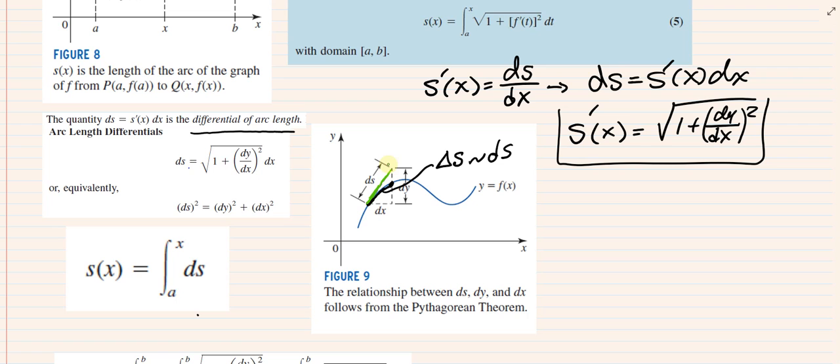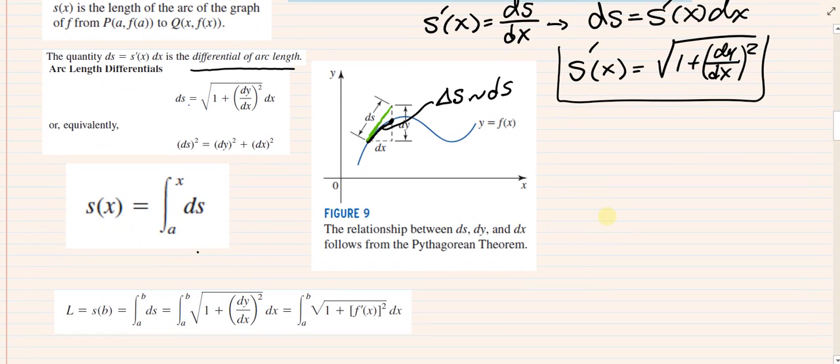Now we have this other formula, right up here. Remember, the one I circled is the arc length function. That means it goes up to any arbitrary point x, but for a fixed interval from a to b now, x is going to be b.